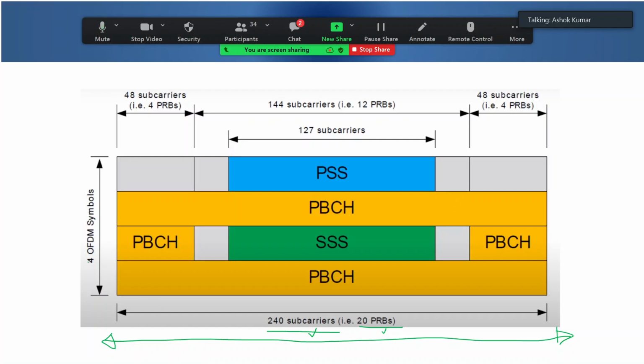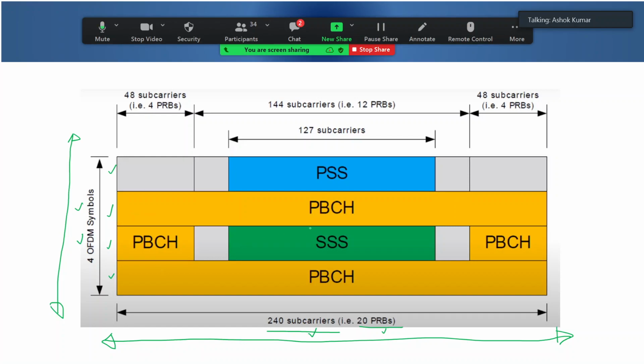Now in terms of time, this is represented on this axis. We require 4 OFDM symbols. So this is one symbol, second, third and fourth. So there are 4 OFDM symbols required for this synchronization signal block.